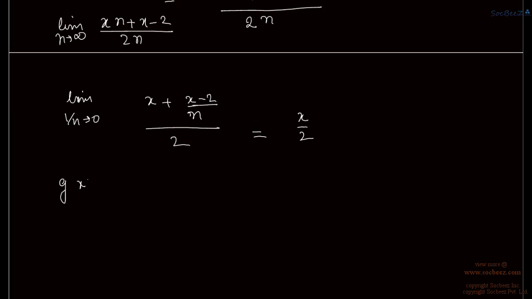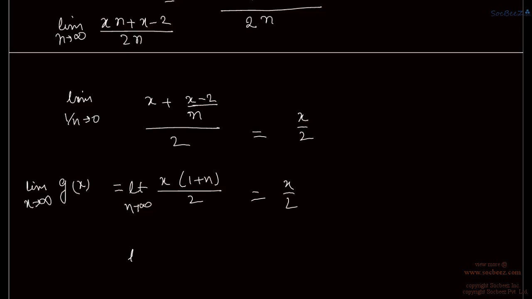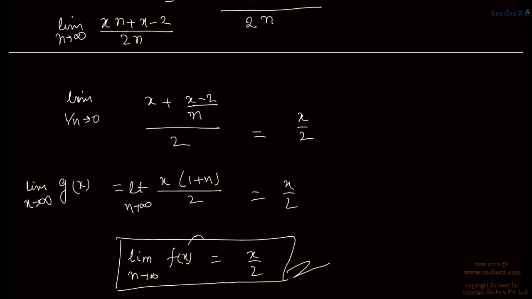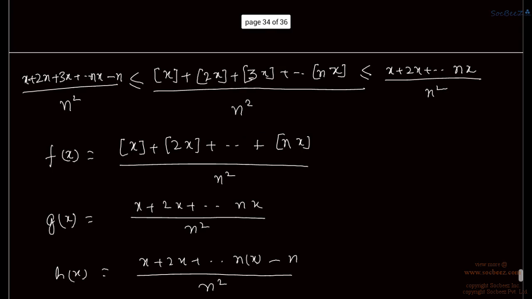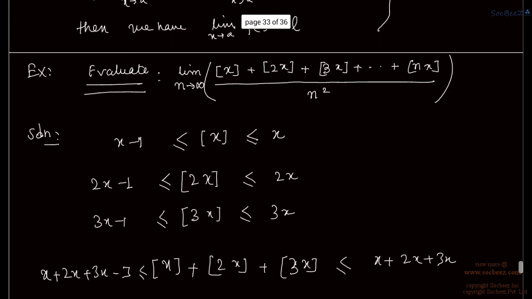Similarly, the limit of g(x) as n tends to infinity is also x upon 2. So using the Sandwich theorem, we can say that the limit of f(x), which is our original function, as n tends to infinity is also equal to x upon 2, right? So the value of the limit is equal to x upon 2. Okay.